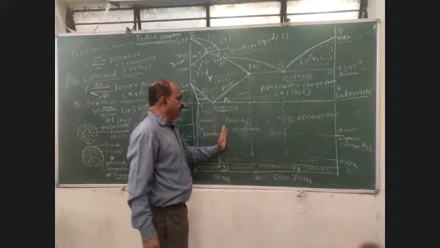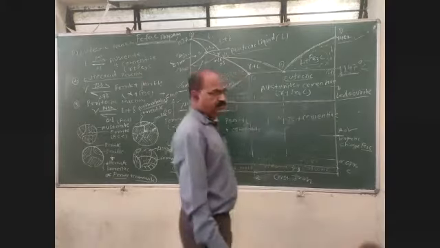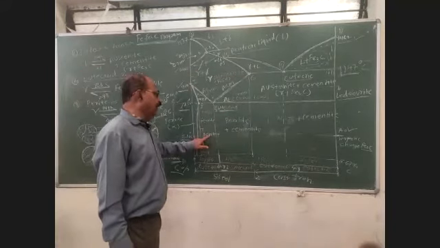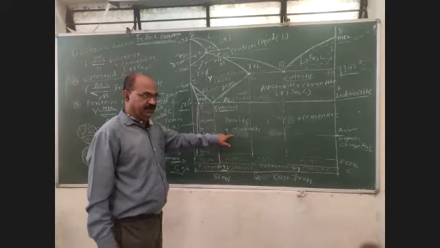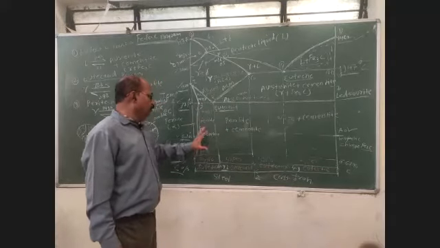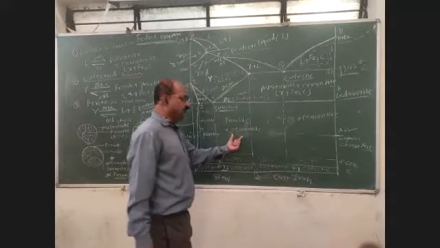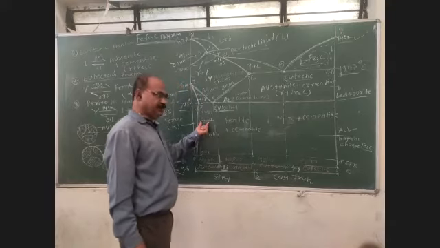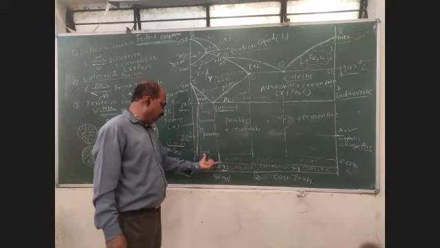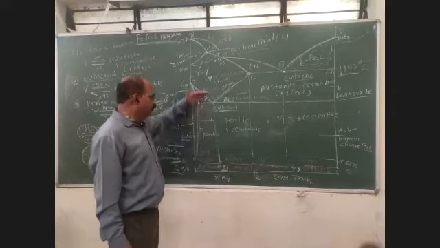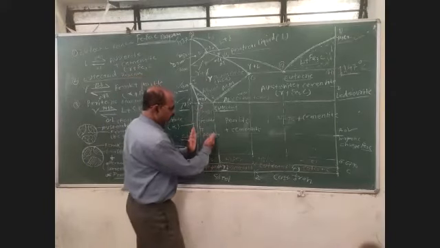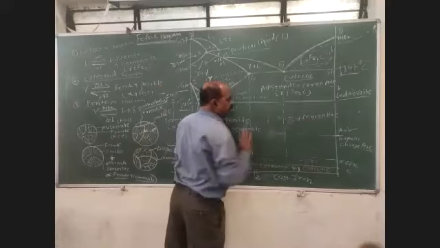What is pearlite? It is the alternate layer of ferrite and cementite. Cementite means Fe3C. Ferrite means iron with less percentage of carbon, below 0.83. So you will see the ferritic pearlitic structure within this, and after this pearlite plus cementite.